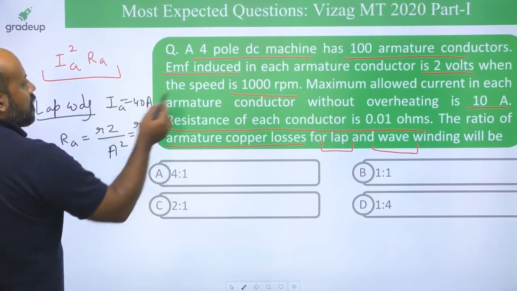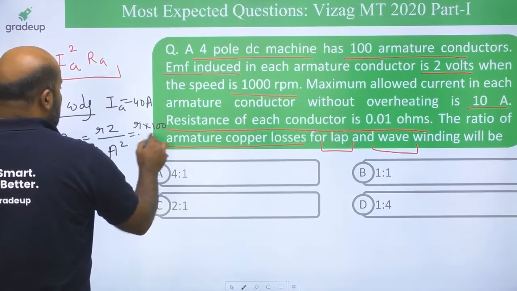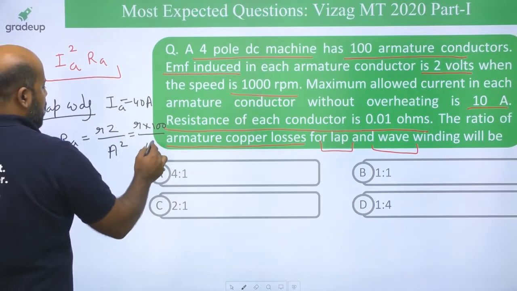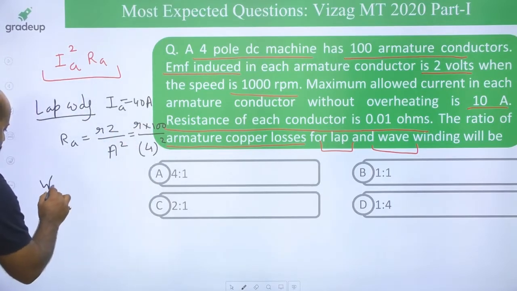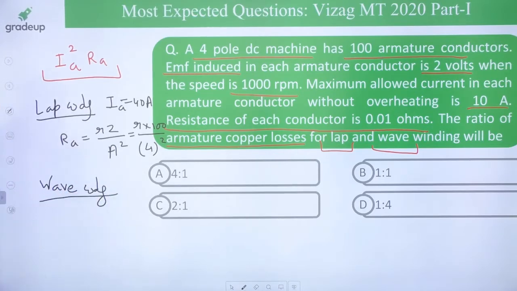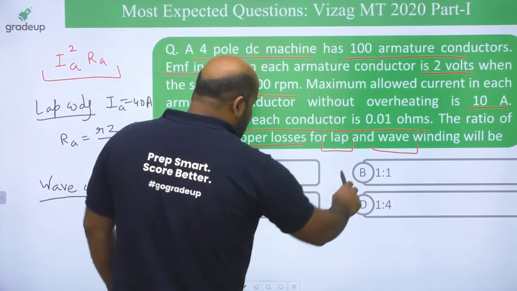Small r is given, number of conductors are 100 and number of parallel paths are equal to number of poles for the lap winding. So this is going to be 4 square. You can solve for it. Similarly, you can solve for the wave winding also. And if you find the ratio, you will be getting the answer as 1:1.